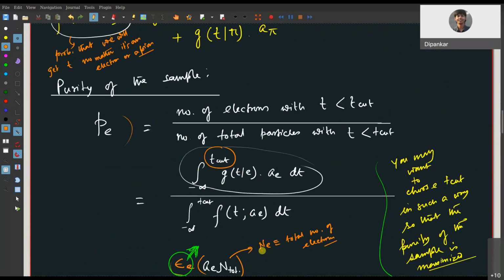Now, suppose with a linear test statistic, you get a purity of the sample of say 90%. Of course, you can improve the purity, you can improve the selection efficiency by choosing a nonlinear test statistic. And suppose the purity gain from 90% for the linear test statistic to a nonlinear test statistic is just, let's say, 92%, but it takes a huge toll on your computational efficiency.